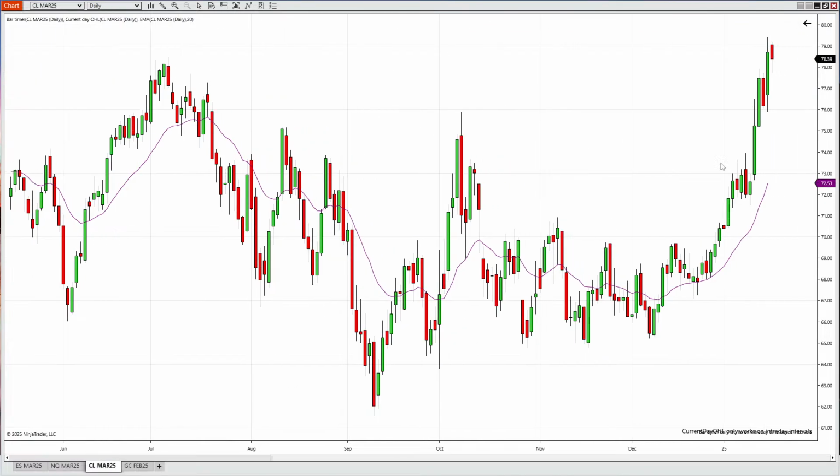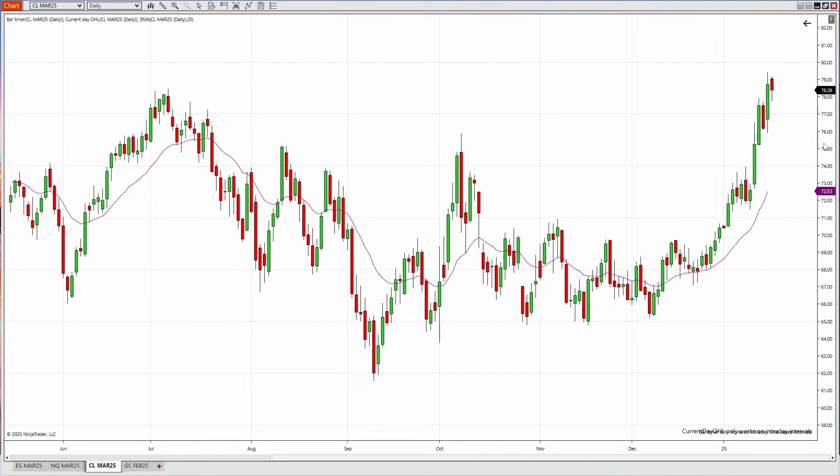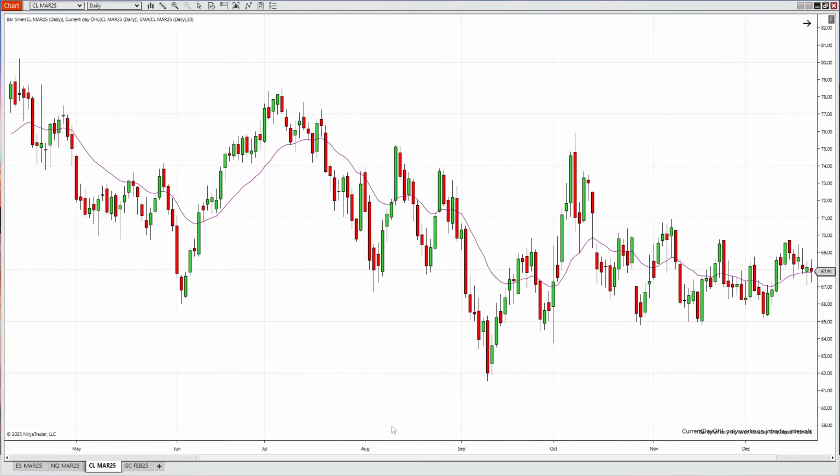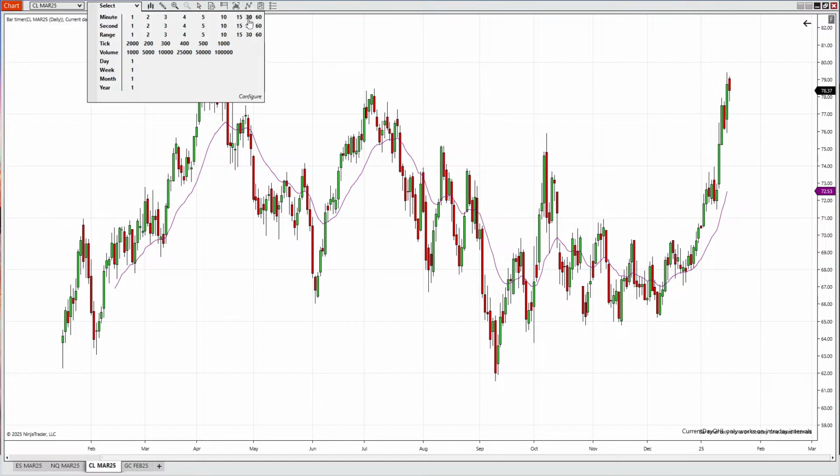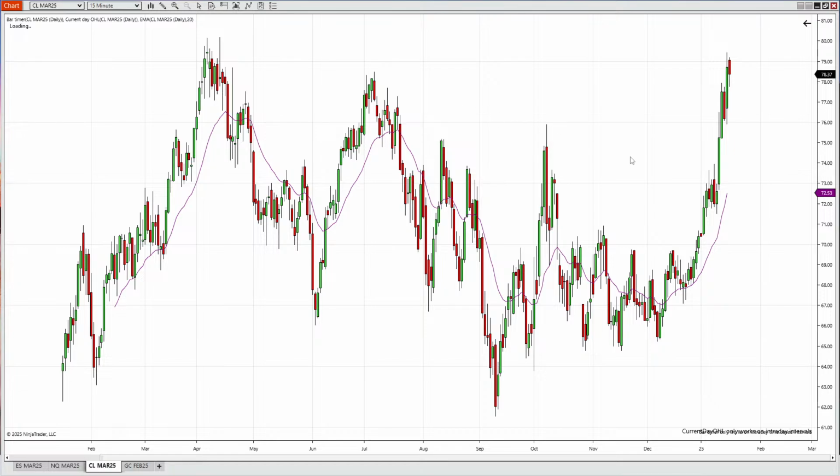Okay, let's look at some other things. Sellers starting to come in here at one of our profit targets. We also have a profit target here, which we're beginning to get a bear bar, so we might be seeing some profit takers. It's not really a reason to go short on the daily chart, however.